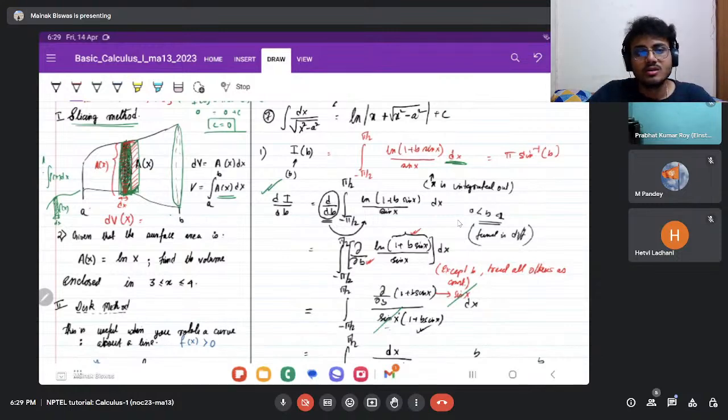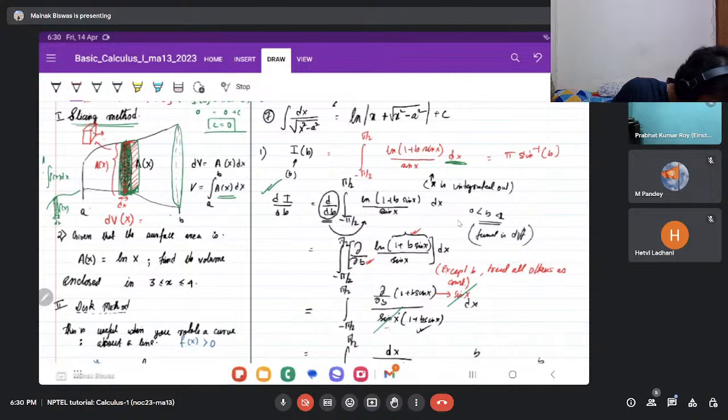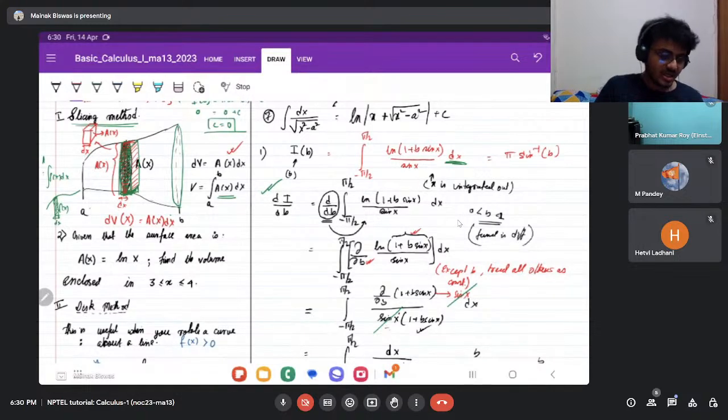To draw it clearly, I'm drawing it here. So this is A of x, and this is dx. So do you agree this is A(x) dx? That's what I've written here, right? And then you can integrate. Whenever you want to remove the partial, you integrate it out, right? You take the sum or you integrate it, right? So V turns out to be the integral of A(x) dx if you are given the area.